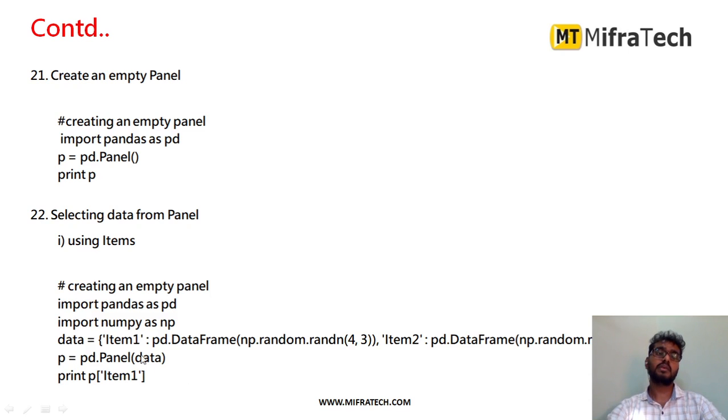If you want to access that particular item 1, just use the panel name, that is print p of item 1, mentioning the key value of that dictionary, and we are going to get the data belonging to that item.